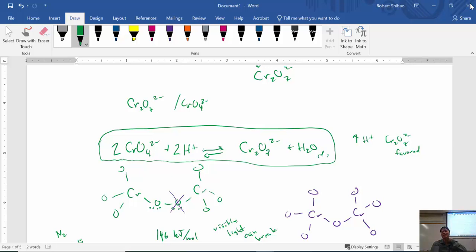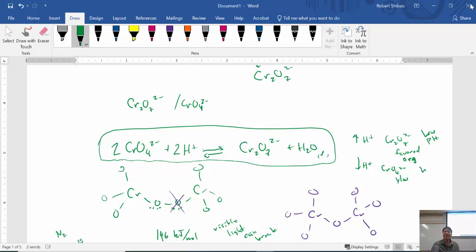Dichromate, do you know what color dichromate is? It's orange. And so if I increase the H plus, that means at low pH, I should have dichromate. However, if I decrease the H plus, what side's favored? Left side. So chromate is favored. Chromate is yellow. Dichromate is orange.